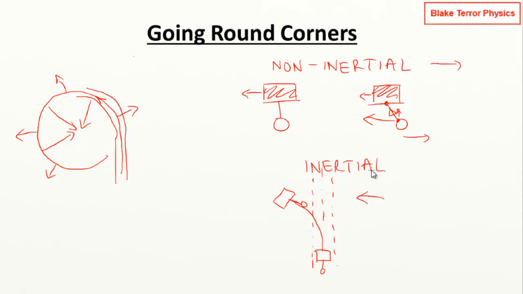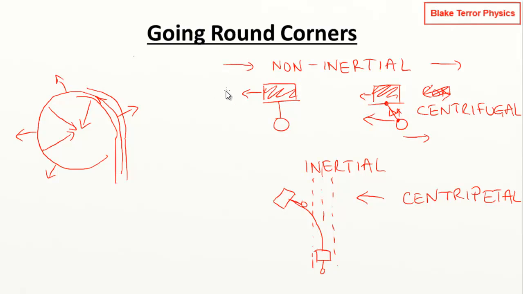If we're in the inertial frame of reference, we've got a centripetal force, which is acting towards the center of the circle. If we're in the non-inertial frame, then we've got a centrifugal force, which is acting away from the center of the circle. So it's an illusion that's happening here. We're treating this non-inertial frame as being inertial, and then we're transferring that force, saying, well, if we're not experiencing that force, it must be the air freshener's experiencing it.